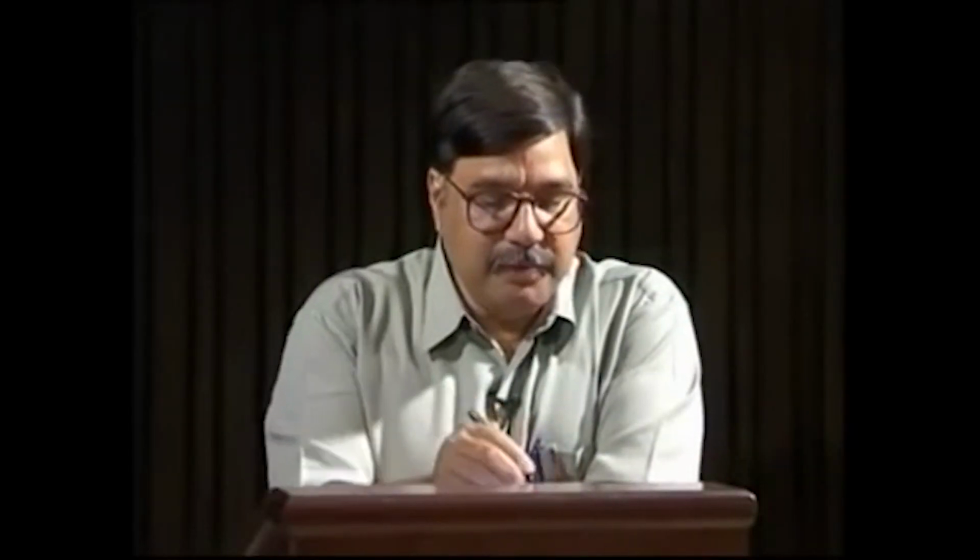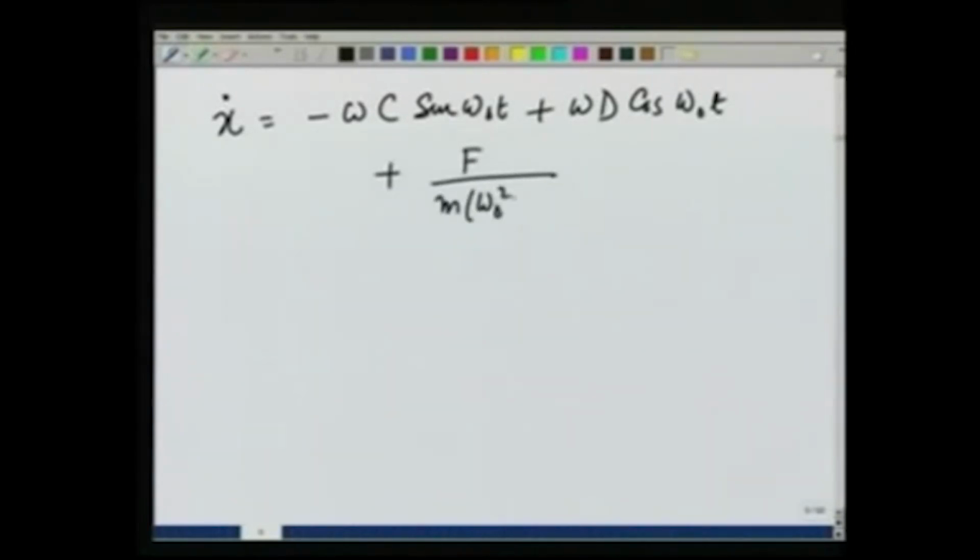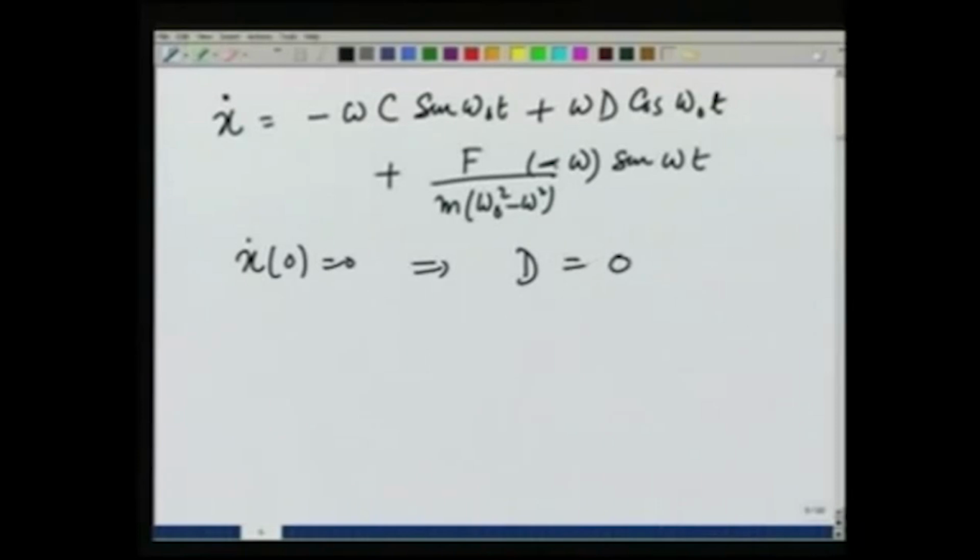Similarly, when I take its derivative x dot, it will give me minus omega 0 c sine omega 0 t plus omega 0 d cosine of omega 0 t plus f over m omega 0 square minus omega square times omega sine omega t with a minus sign here. And since I know x dot at 0 is 0, it gives me d is equal to 0.